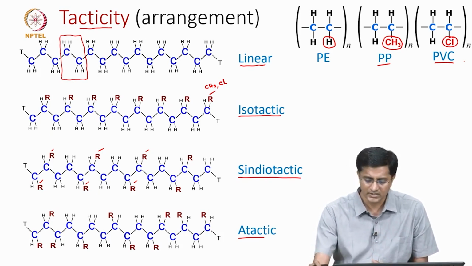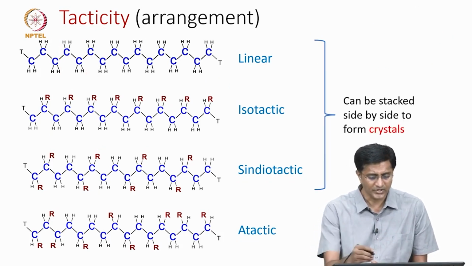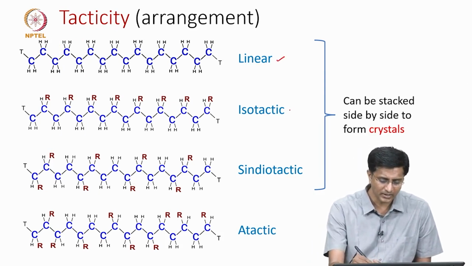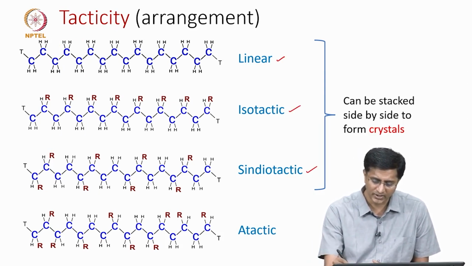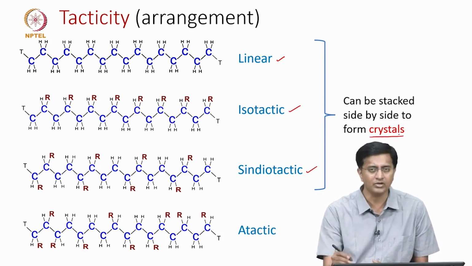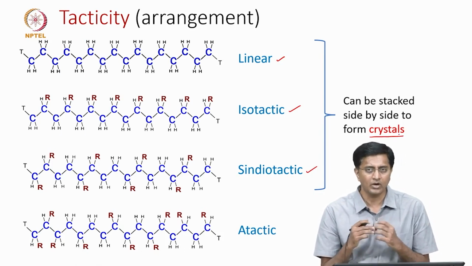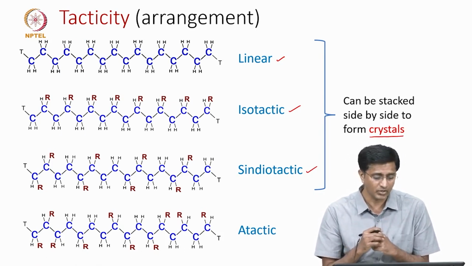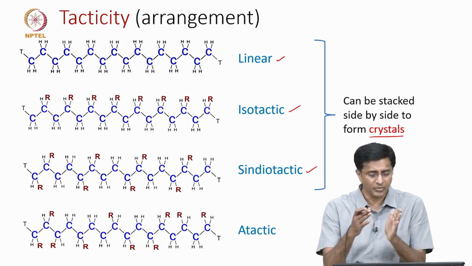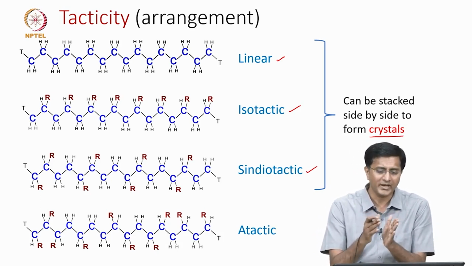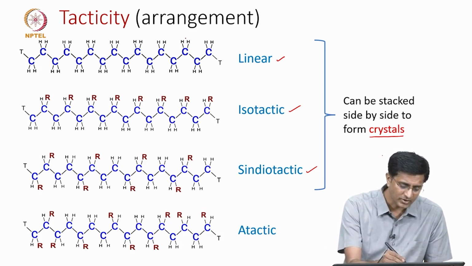The answer is the first 3: linear, isotactic and syndiotactic. They can be stacked side by side to form crystals or crystalline structures. And what is the reason for that? Because let us say if you have 2 linear chains, they can be packed very compactly, because for example, these hydrogens can fit into these gaps.